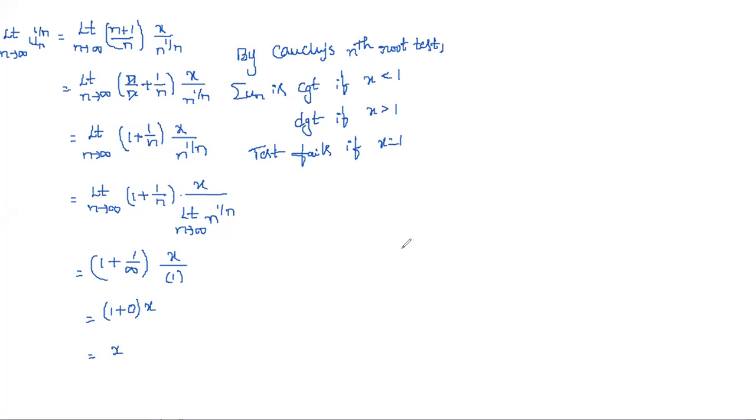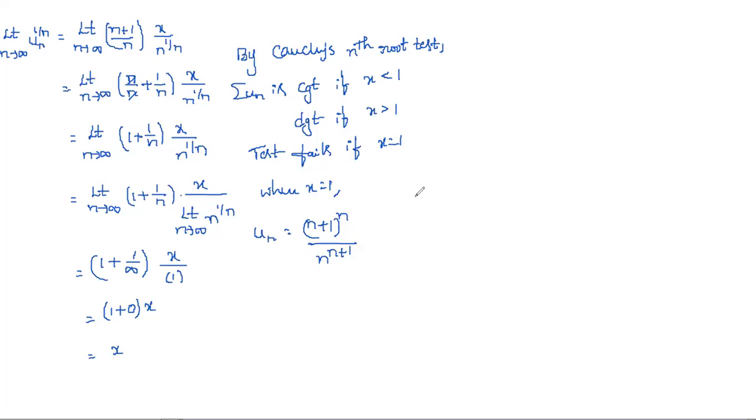So even at x is equal to 1, we have to decide whether it is convergent or divergent. So for this, simply what we have to take, when x is equal to 1, un is equal to n plus 1 whole power n by n power n plus 1 into x power n.